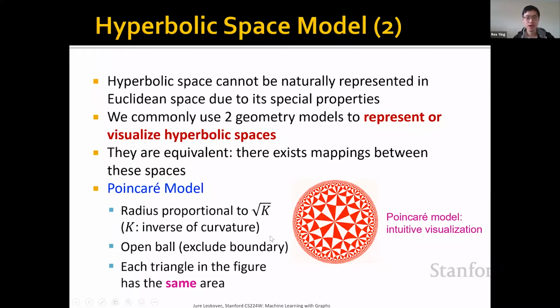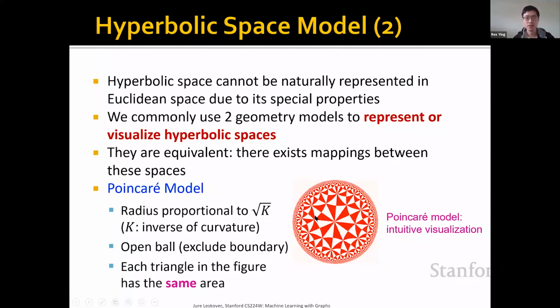You can see why this space is very amenable to embedding hierarchical or tree-like structures: in the center of the Poincare ball there are very few of these triangles, whereas towards the edge of the circle there are exponentially many of these small triangles, albeit with the same area, embedded towards the edge of the Poincare ball.